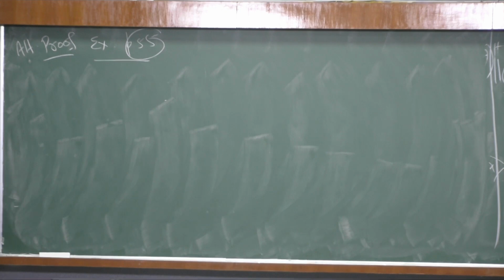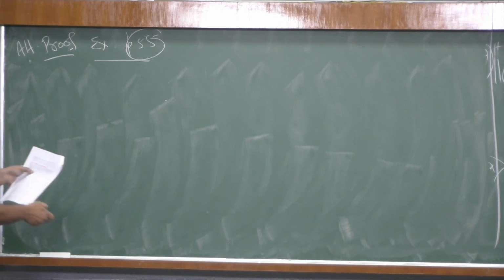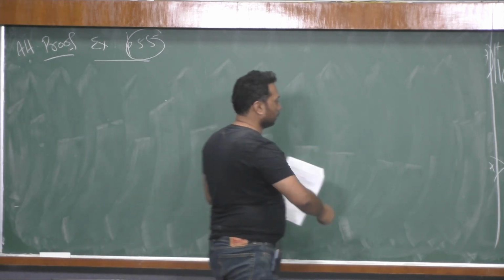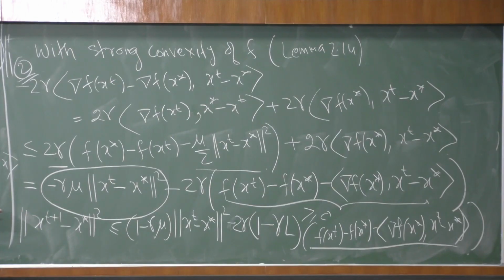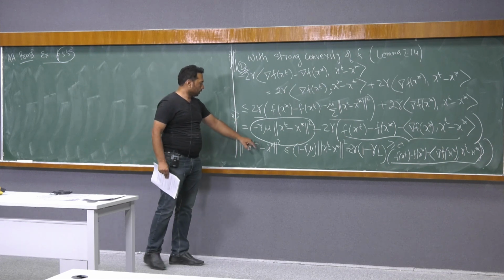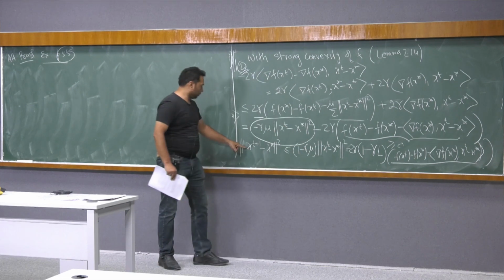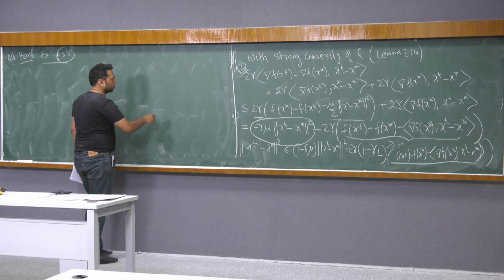And then we can move on. What I said in the beginning, maybe I was mistaken a little bit. What we have here is a bound on this. If you do this iteratively again, you will have 1 minus gamma mu square. So the point is, how does this help?